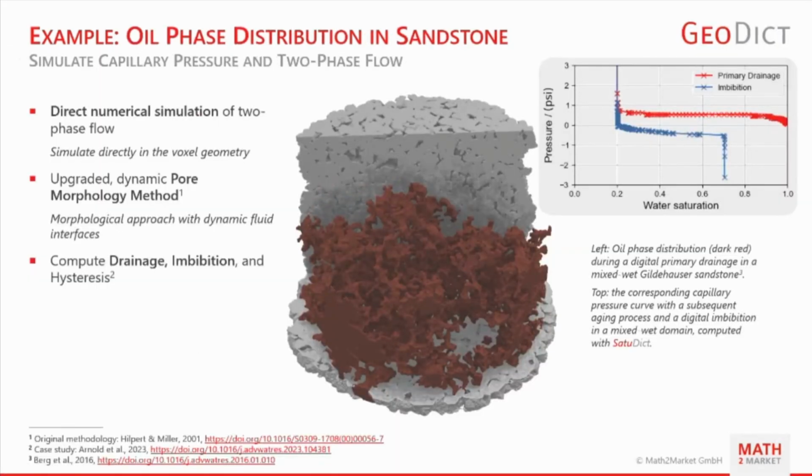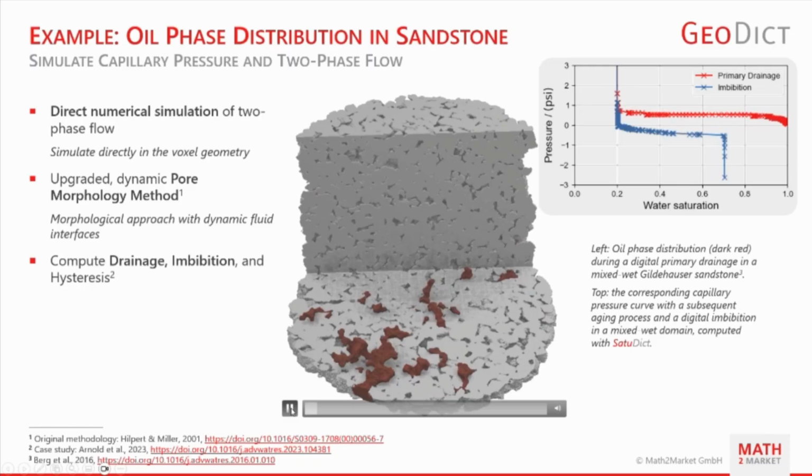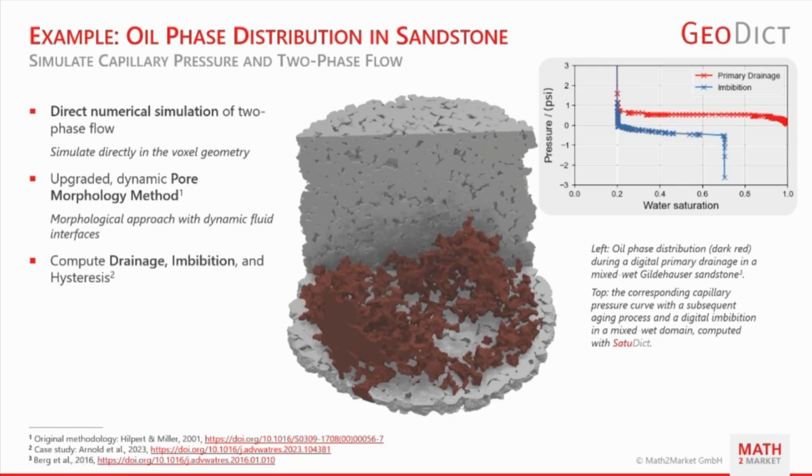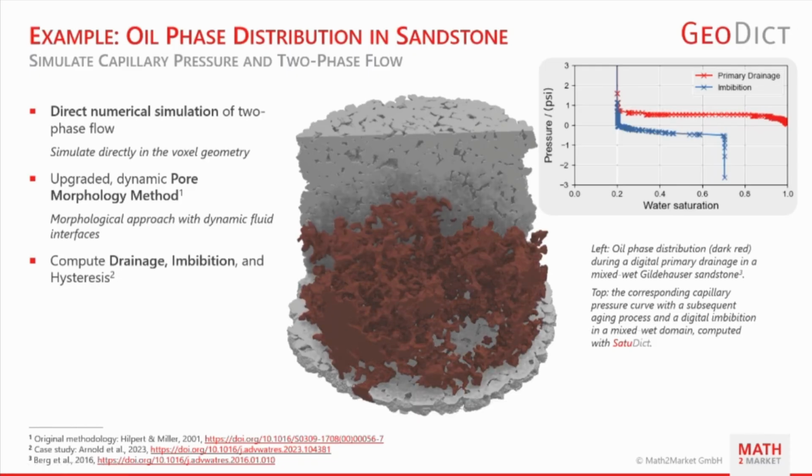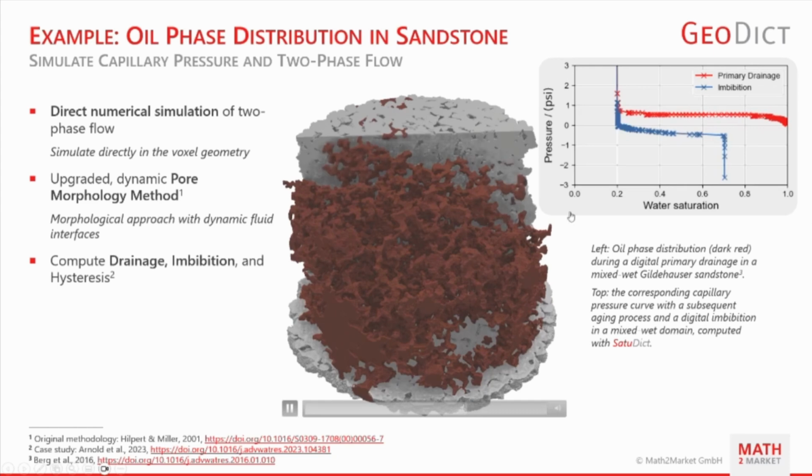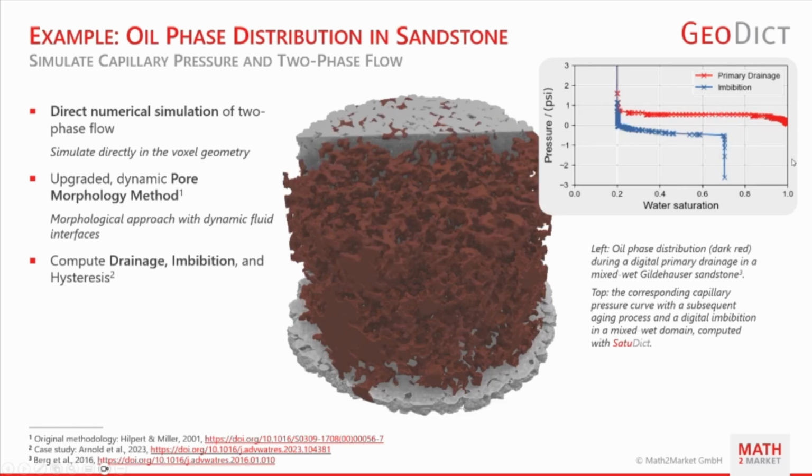The last example is from digital rock physics, and we see here the scan of a cylindrical rock sample. It's a Gildehauser sandstone. The animation will show the primary drainage. In this case, drainage means that oil replaces water, and this corresponds to the red capillary pressure curve.